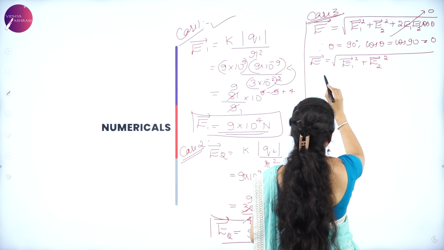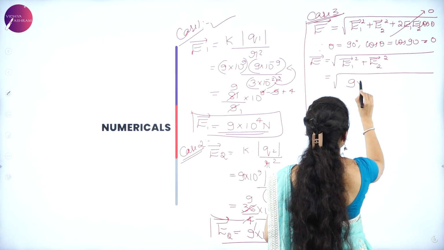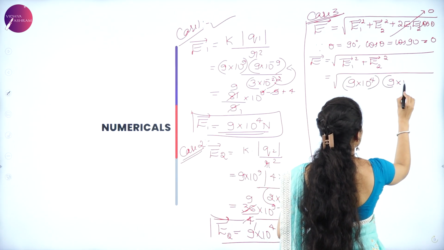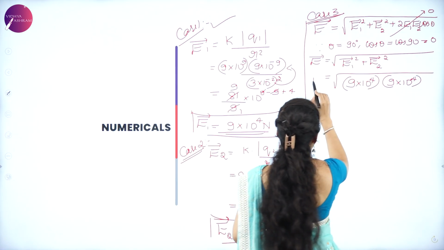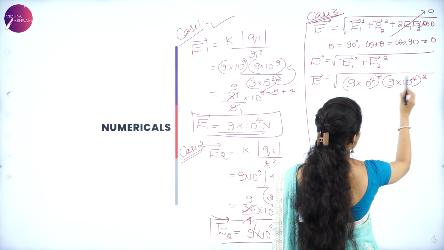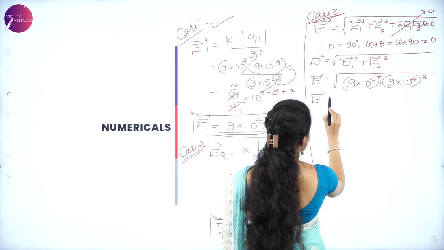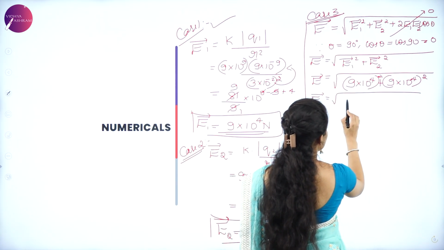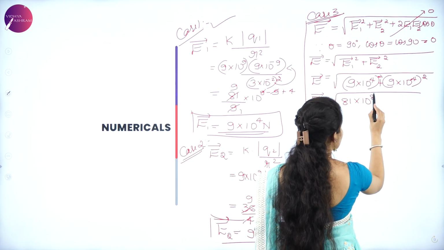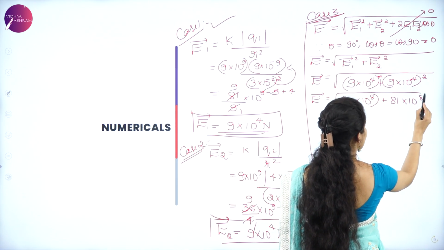So now we have the E1 value and E2 value. It is root of 9 into 10 to the power of 4 into 9 into 10 to the power of 4, and this is vector E. So it is the square of both, and positive in between. So we have vector E is equal to root of 9 double times, it is 81 into 10 to the power of 4 twice, that is 8, plus 81 into 10 to the power of 8.